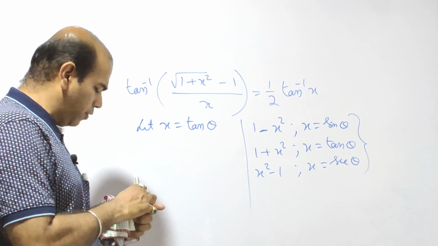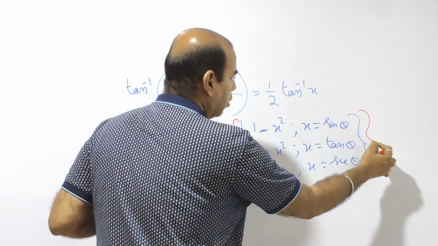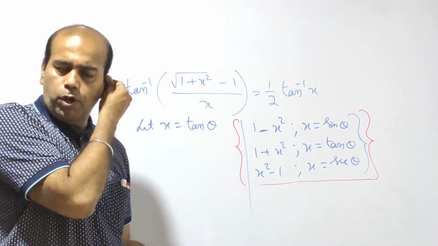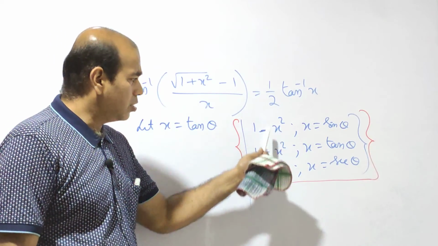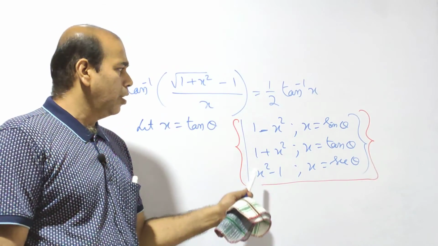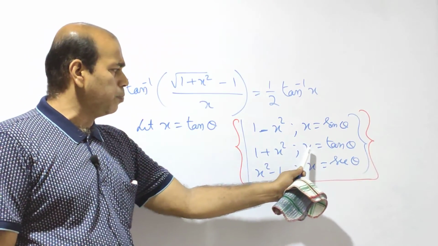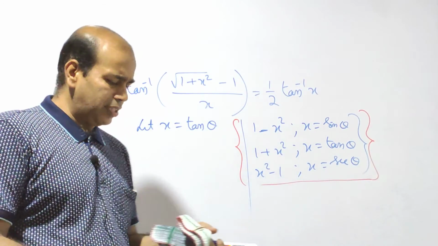This is a very, very important idea for solving questions of inverse trigonometry. Not only inverse trigonometry, even when you do calculus, such substitutions are required. 1 minus x square, we put x equal to sine theta. 1 plus x square, x equals tan theta. X square minus 1, x equal to sec theta.